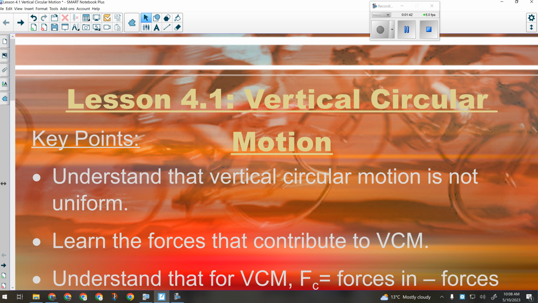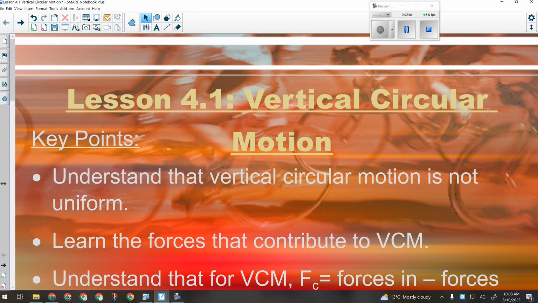The string goes slack. Does that mean I'm pulling on the string at all then? If there's no tension in the string, it's not pulling back towards the center. So what's pulling the object back towards the center at the top then? Gravity. Gravity acts as a centripetal force at the top of a vertical circle.